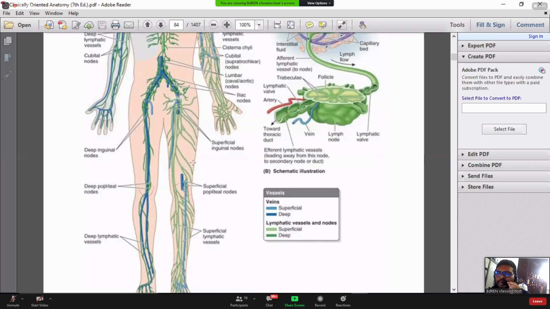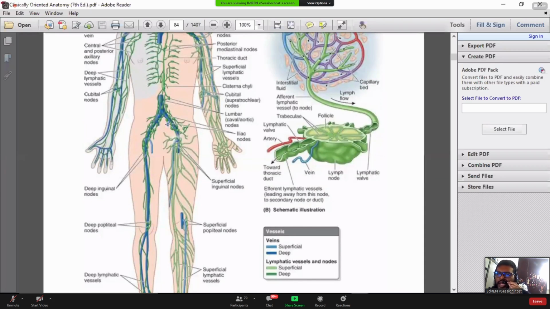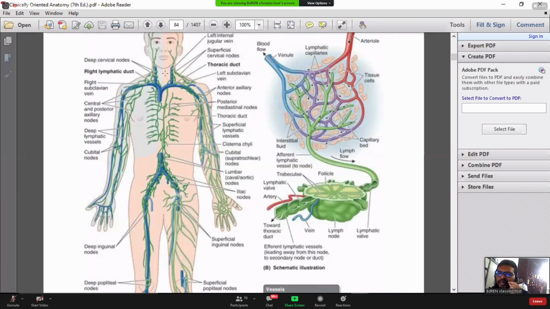These are the lymphatics of the lower limb. These are the lymphatics of the abdomen. Lymphatics means the lymph vessels of the head and neck region, and these are the lymphatics of the upper limb. And you can see all the lymphatics of the lower limb and abdomen and all the things are going through the thoracic duct to the junction of the left subclavian vein, and there they are actually draining into the venous system.